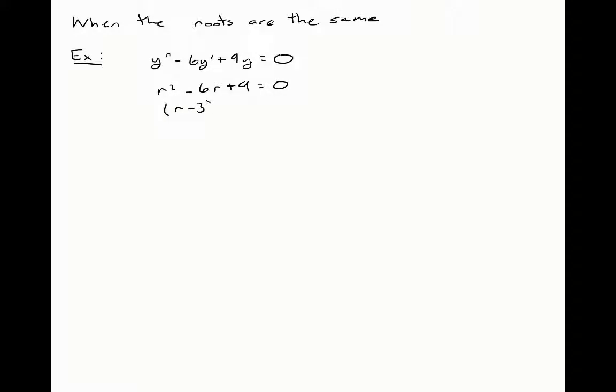Well, this factors out to r minus 3 times r minus 3. The only root we get is r equals 3. In this case, the solution is of this form. For the most part, this still just looks like exponential growth, but we have a is multiplied times a linear term, and b is only multiplied by the exponential term. If you want to know why this is true, let me know, and I'll do a derivation next week.